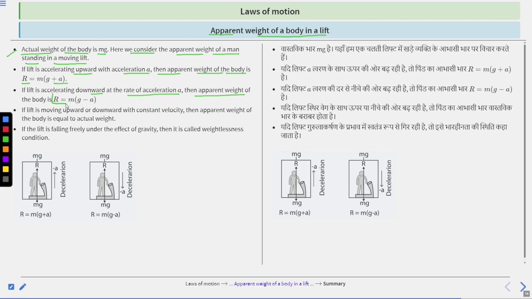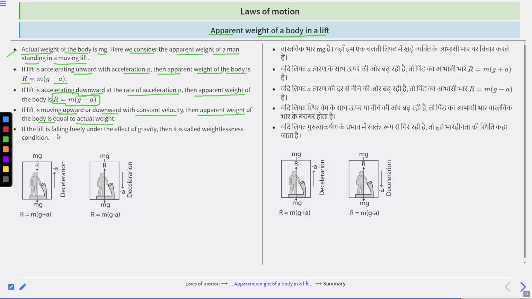So there are two cases. The first case is the apparent weight when the body is moving upward. The second is the apparent weight when the body moves downward. If the lift is moving upward or downward with a constant velocity, then the apparent weight of the body is equal to the actual weight. Clear?